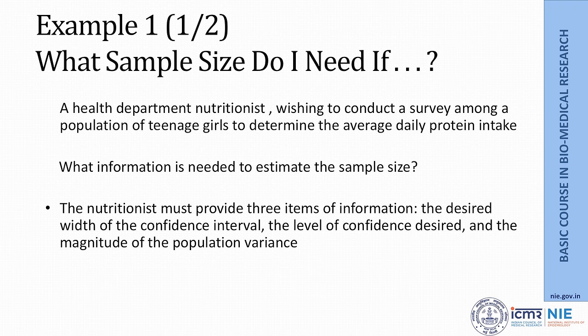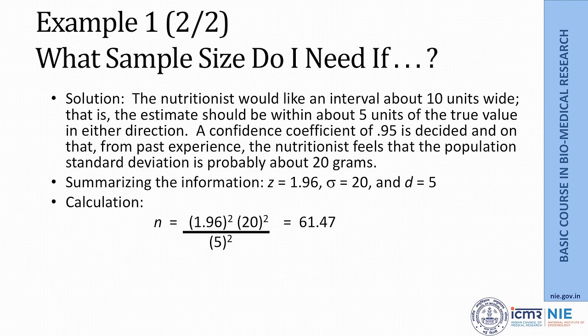The nutritionist must provide 3 items of information. The first one, the desired width of the confidence interval. The next one is the level of confidence desired, and he should also give a rough magnitude of the population variance. Assume that he gives them all.